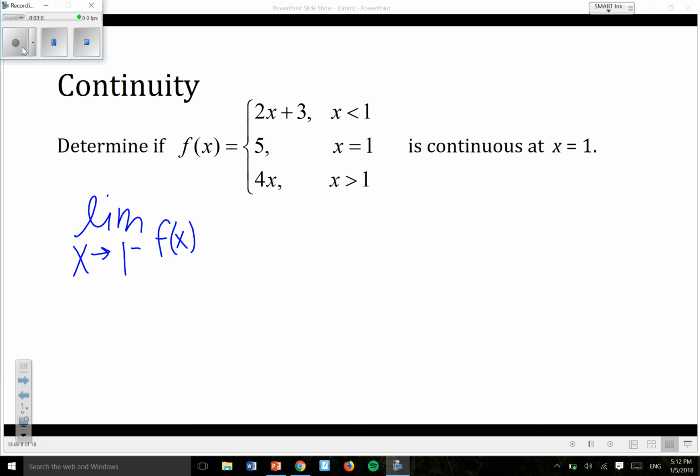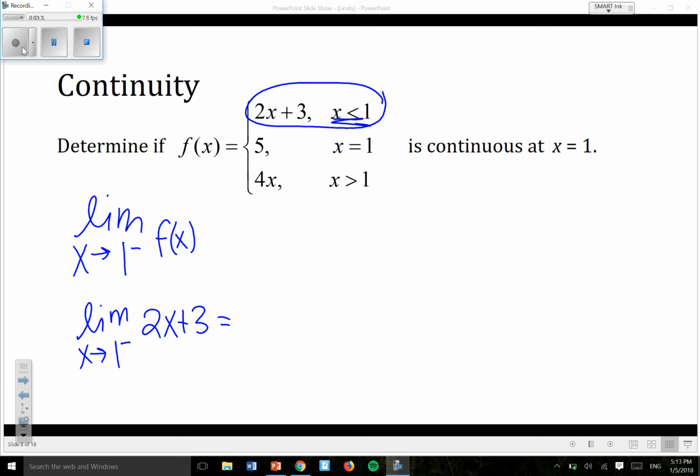Well, if I'm looking as I approach 1 from the left, then I'm going to be looking at this piece of my piecewise function, because these are the values where x is to the left of 1. So I'm going to look at the limit as x goes to 1 from the left of 2x plus 3. And you can use direct substitution here because you don't get any sort of indeterminate form or undefined form. And you see that that limit equals 5.